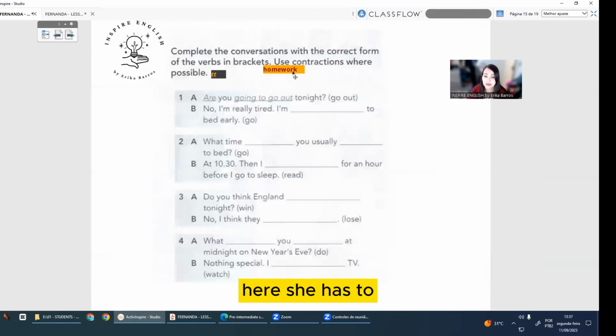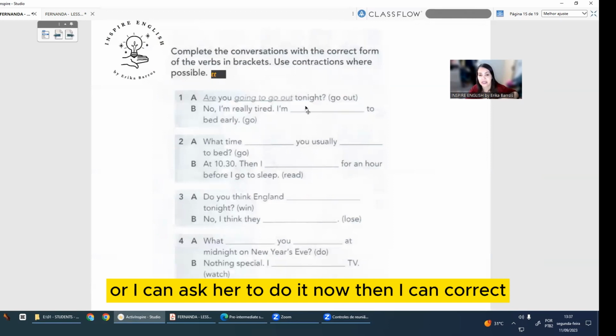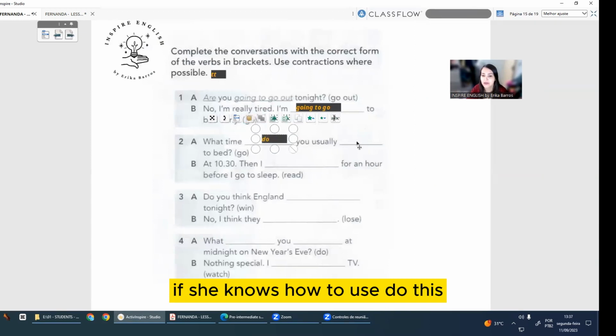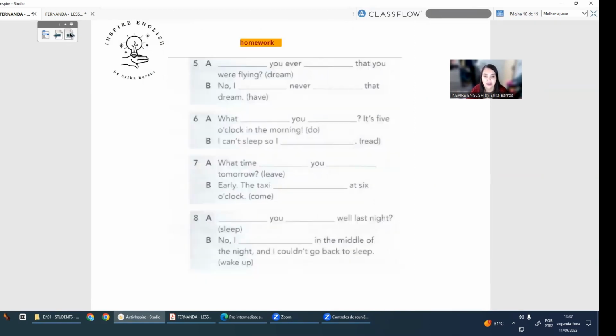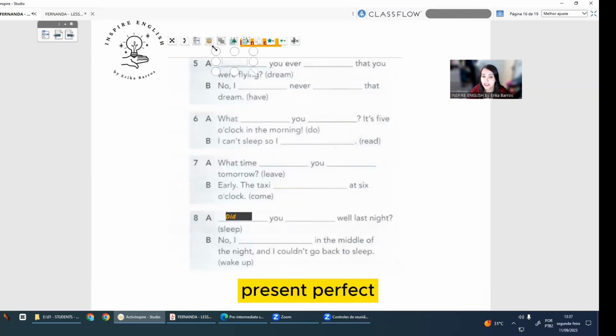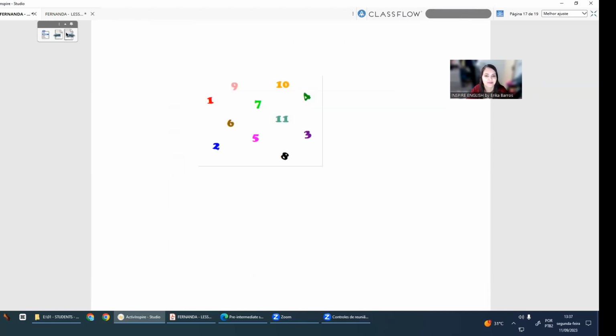Here I can assign it for homework or I can ask her to do it now. Then I can correct. And then I'm going to have an idea if she knows how to use do, does, if she knows how to use did to talk about the past, present perfect, have you ever dreamed, right?